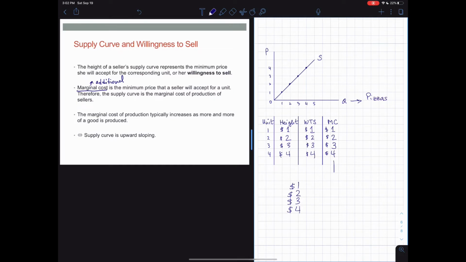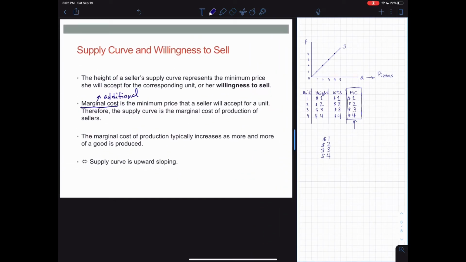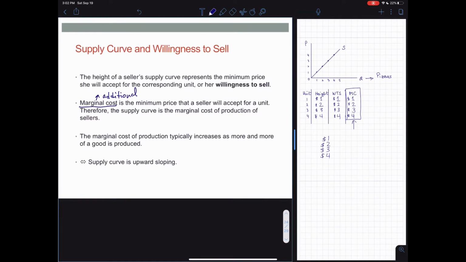You should notice, just look at the marginal cost column here, that what I have assumed is that the marginal cost of producing pizzas is increasing as I produce more and more pizzas. This is called the principle of increasing marginal cost.